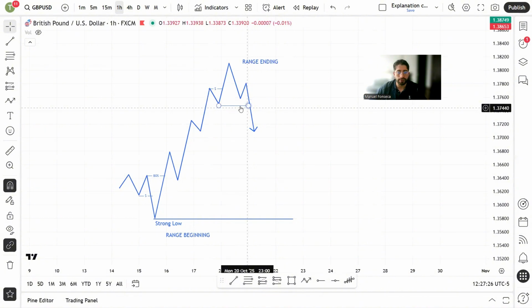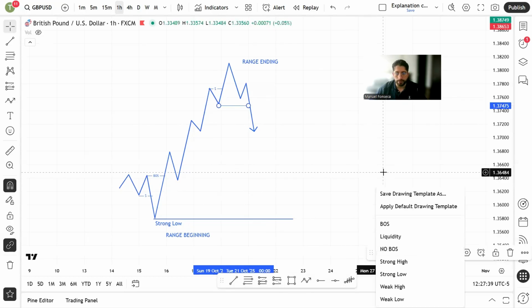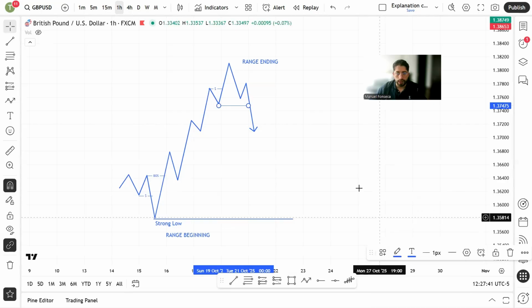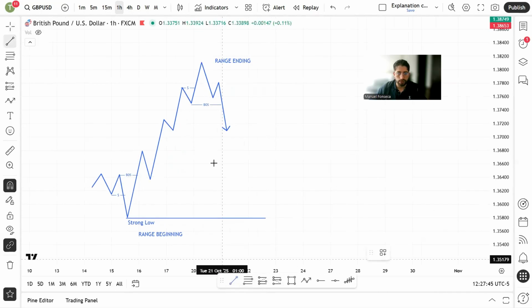But after we saw this, which is the break of structure with a body of the candle, then we determine that this is the range ending, correct? Now we have here the BOS, break of structure, and this will be a clear example of a bullish range, okay?